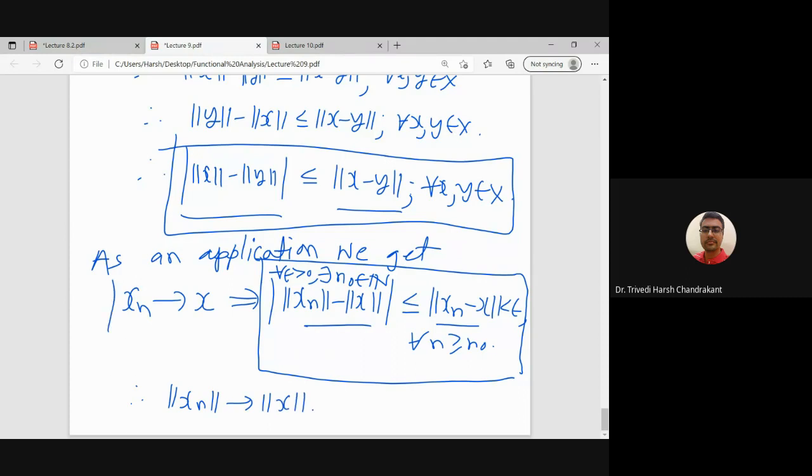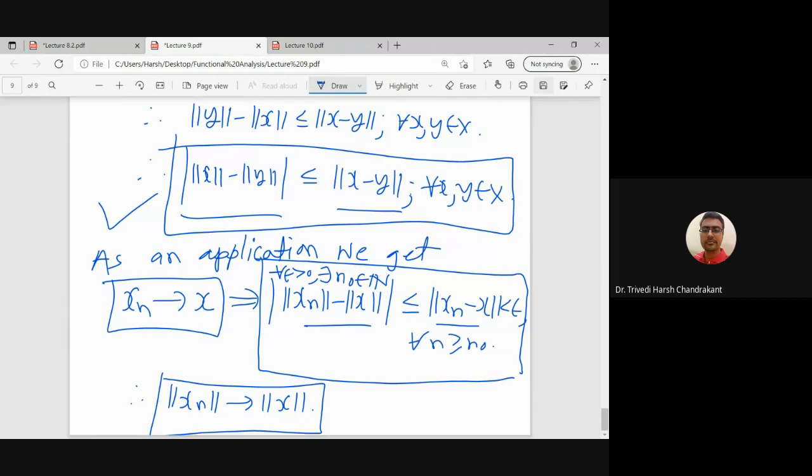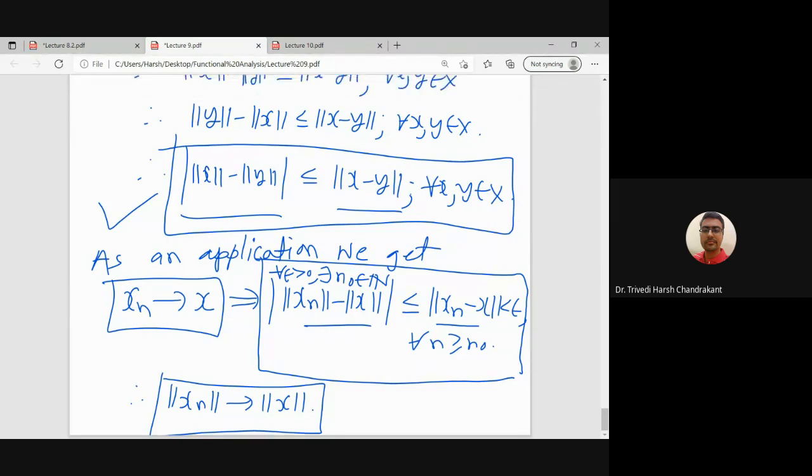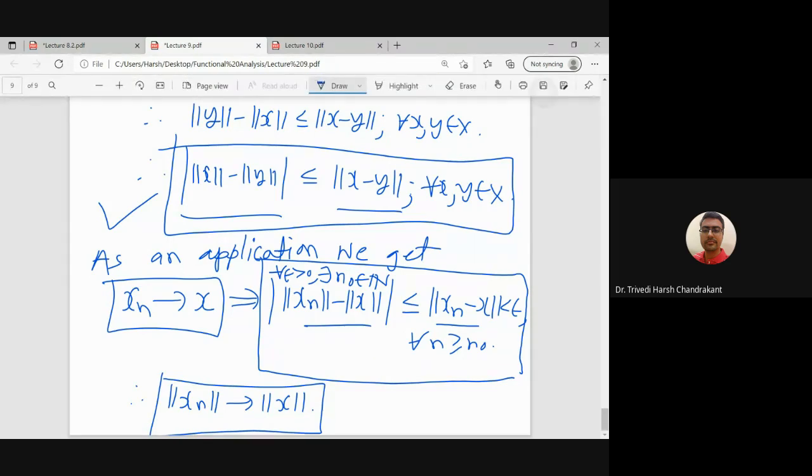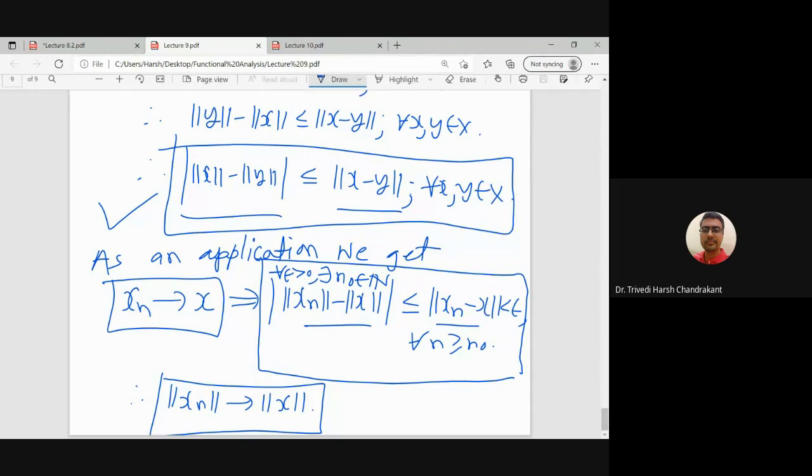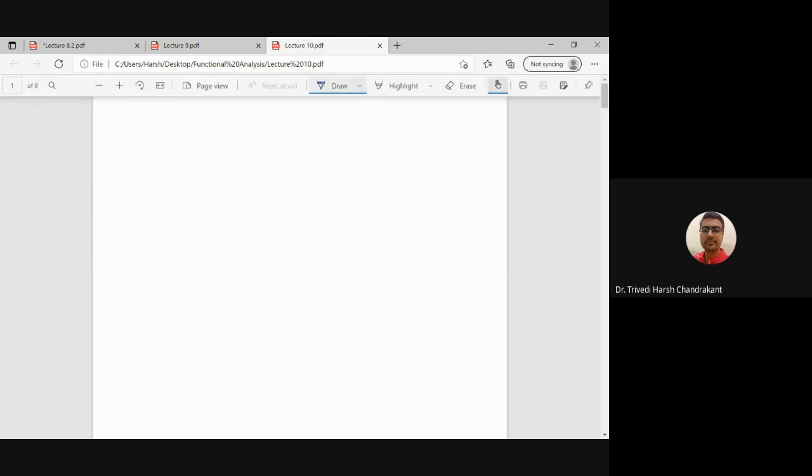So using xn converges to x and this inequality, we can prove norm of xn converges to norm x. We already used this for sequences in real numbers and complex numbers, but this is true in general for normed spaces.